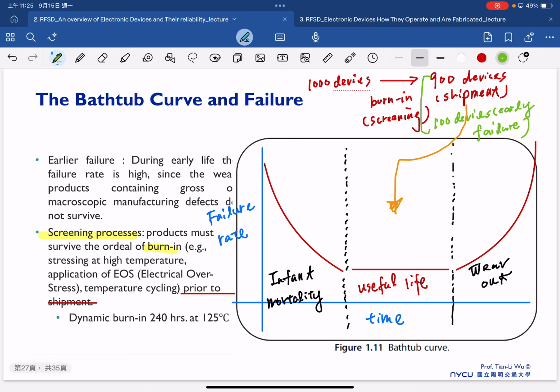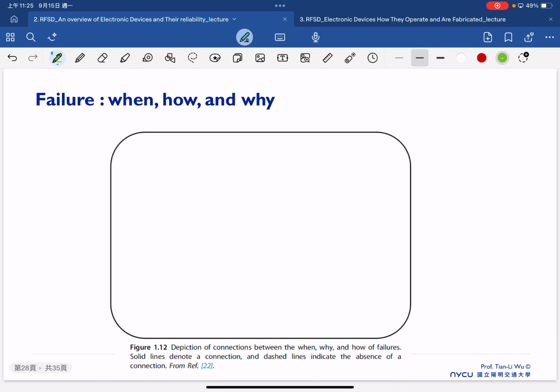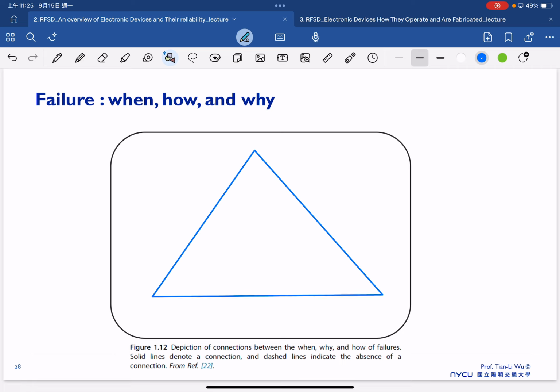Finally, when we talk about failure, we always have to ask ourselves about this very important failure triangle. This triangle mainly helps us identify several key questions, which are when, how, and why.